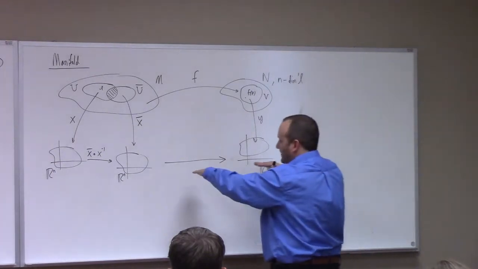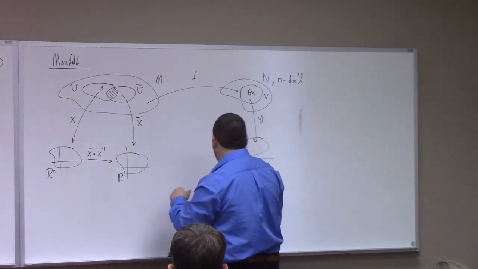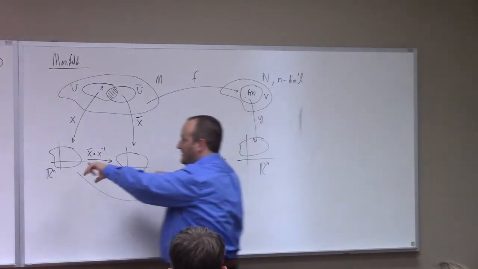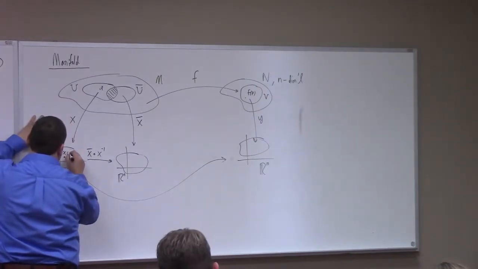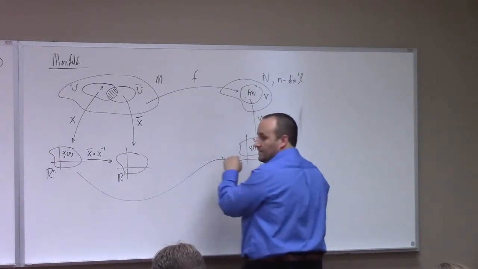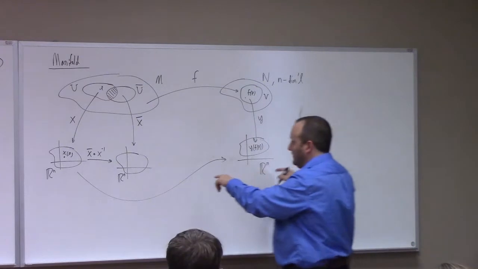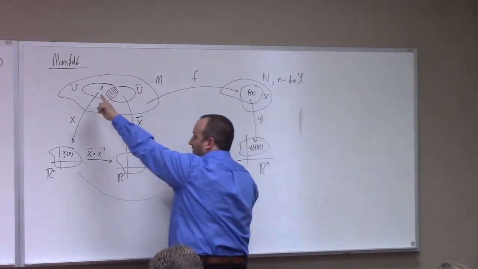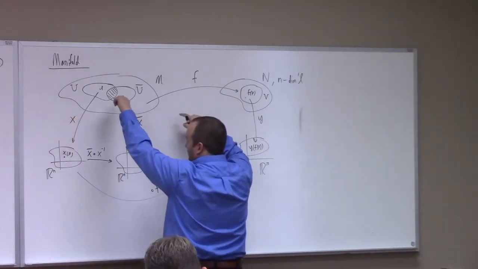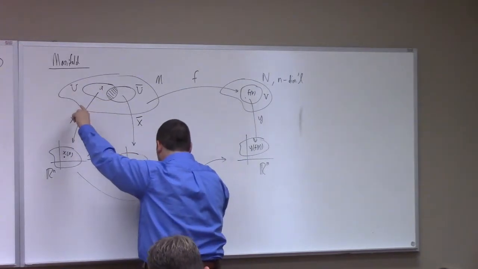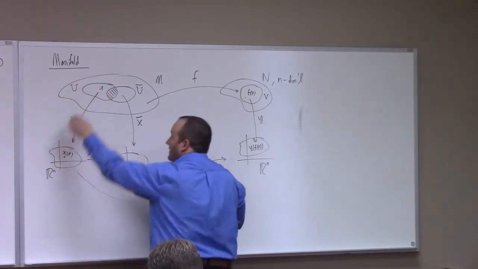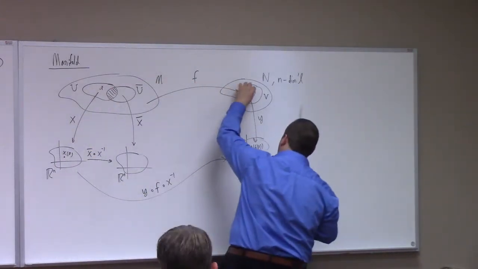Down here, we have x of P, and over here, y of f of P. What would the local coordinate representative of f be? Follow the f in the middle: y, f, and then x inverse. X inverse takes me from here up to here. F takes me from there over to here. Y takes me back down again.